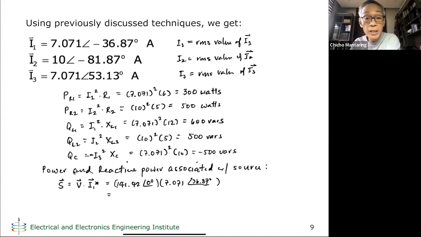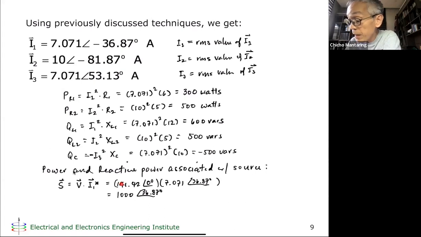Okay, and if you solve this, what you're going to get is 1,000 at an angle of 36.87 degrees.